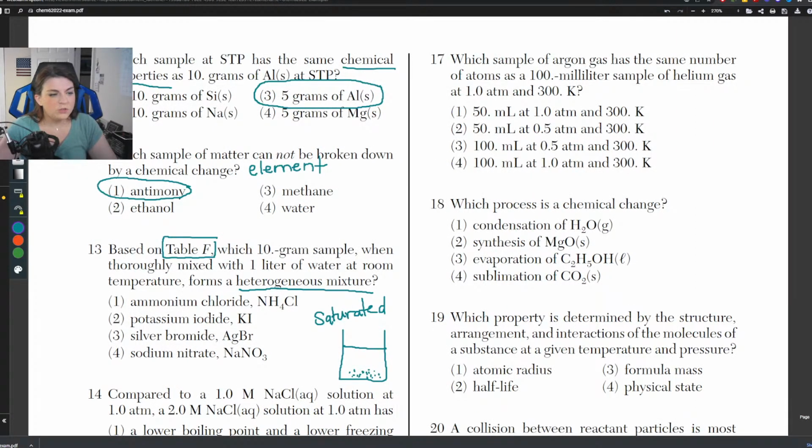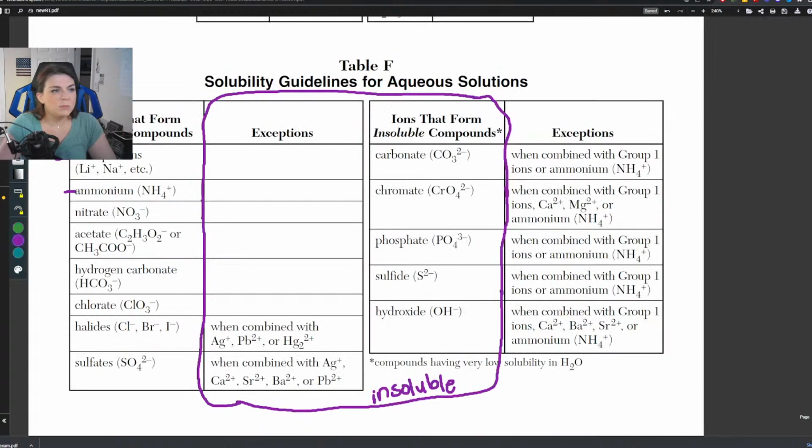Then we have silver bromide, AgBr. Silver doesn't have anything that's going to categorize it, because when we use table F, you have to look at this column or this column, because those are the rules, and then we have exceptions. So silver isn't in column 1 or column 2, or rather 3, but bromine is. Bromine is part of the halides right there.